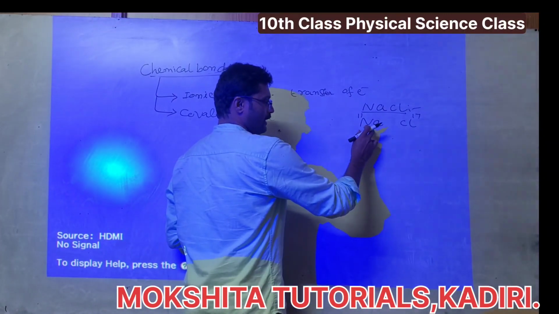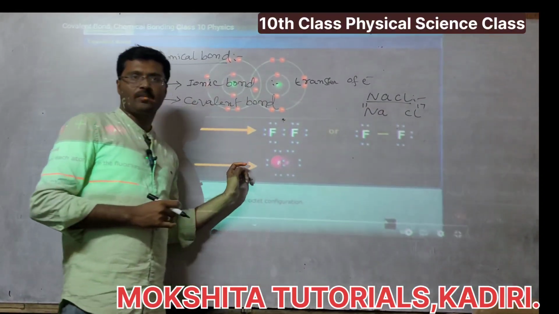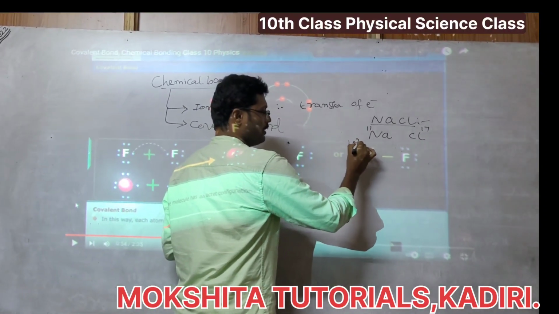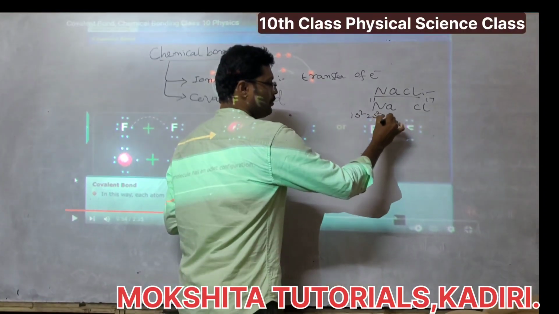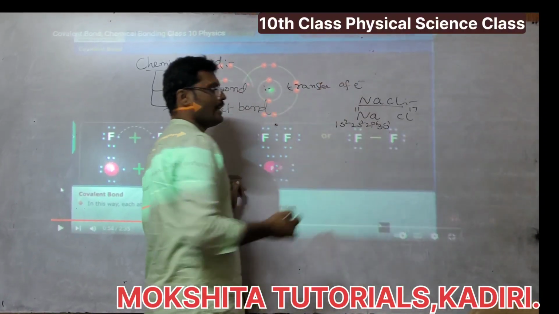For sodium, how many electrons are there in the outermost shell? How do we write the electronic configuration? 1s2, 2s2, 2p6, and then 3s1.